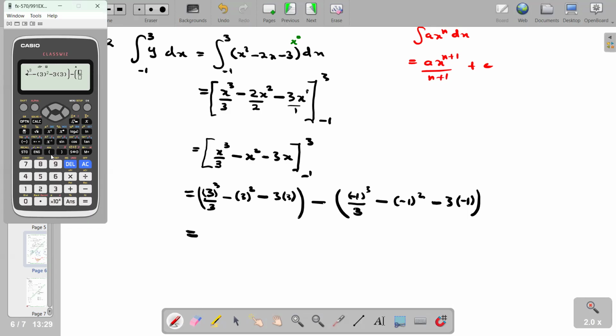It becomes negative 1 cubed over 3 minus a negative 1 squared minus 3 multiplied by a negative 1.